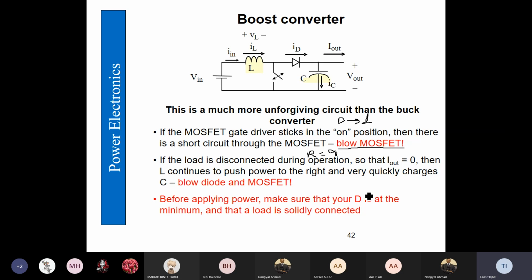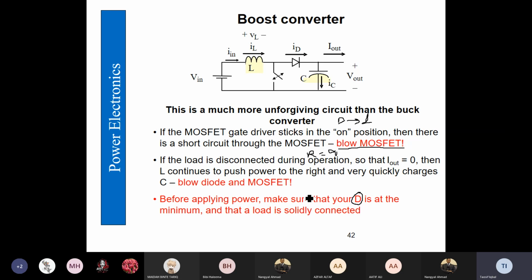So therefore when we start the boost converter and it passes through the transient, we should make sure that the duty cycle starts from a minimum value and then it is increased to the required duty cycle. And the other one is the load should be solidly connected.